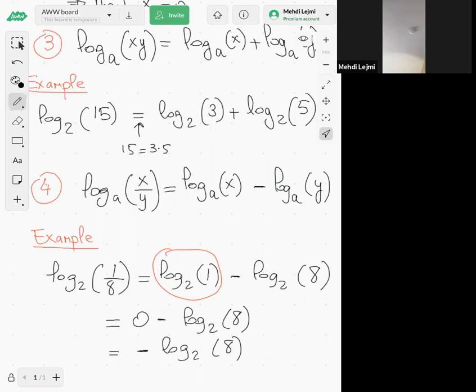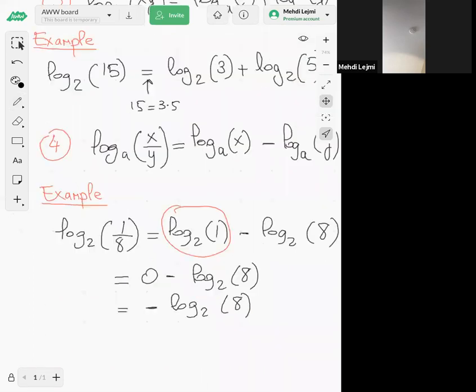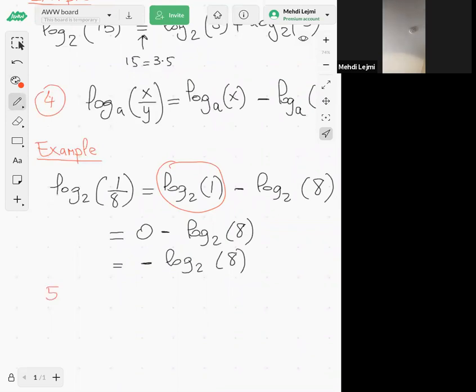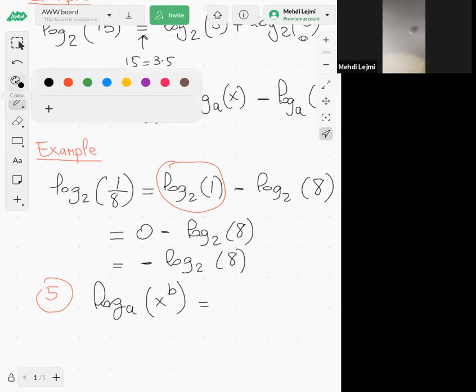Now, another important property of the log: we have the log of a product, that's the sum of the logs. Log of division, that will be the difference between the logs. Now the last important property is the following. If you have log in base a of x to the power b, then you can bring down this power b to the front.